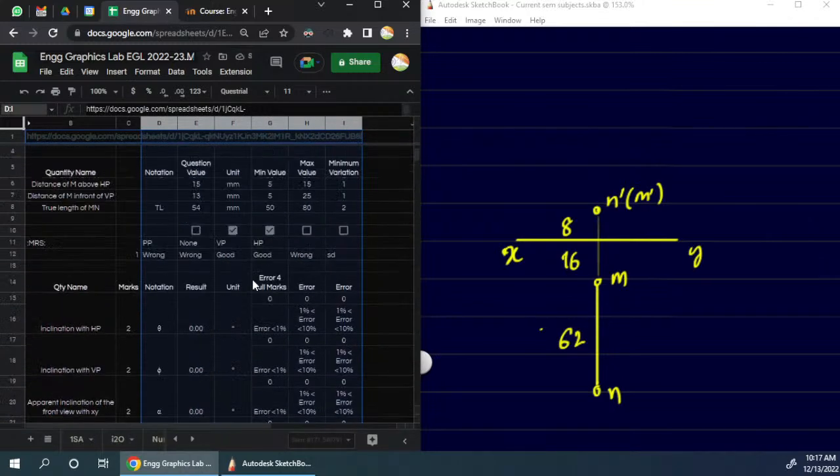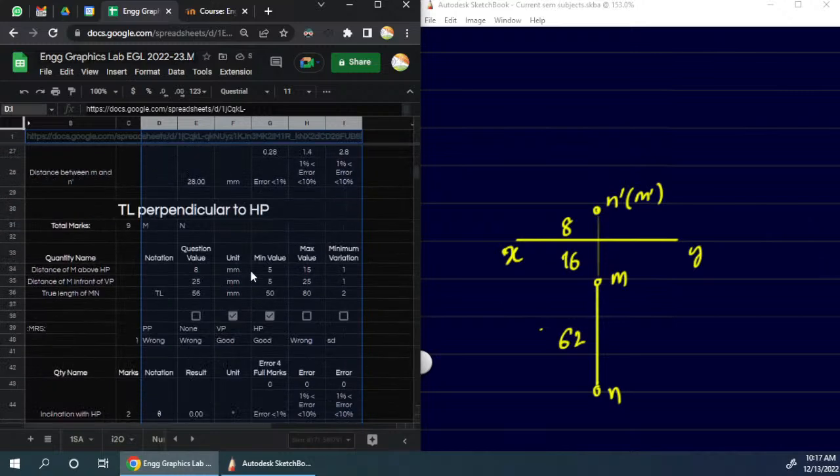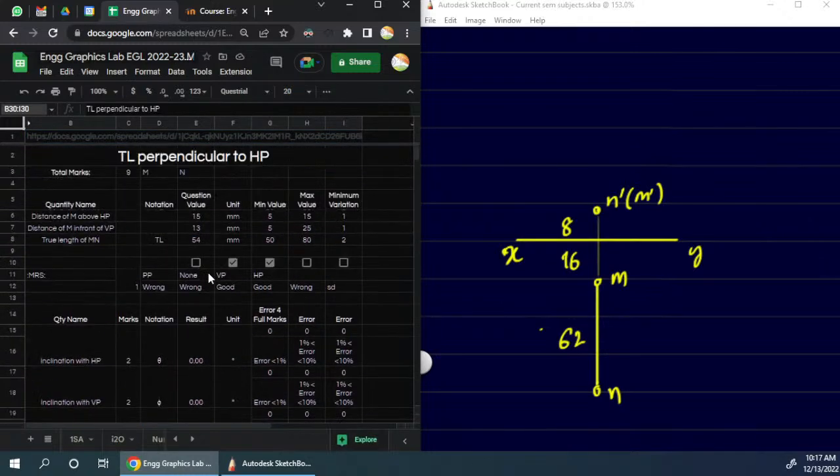Alright, so perpendicular to HP is over.